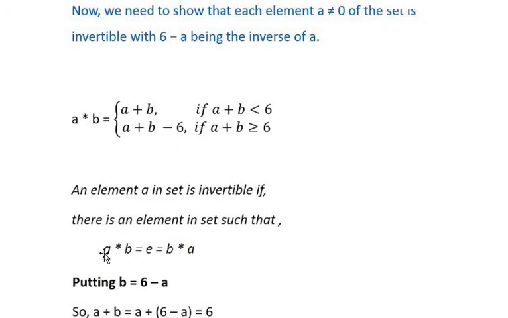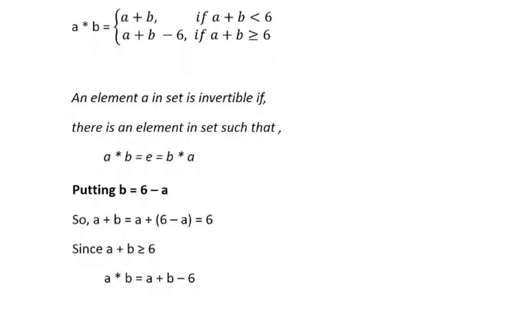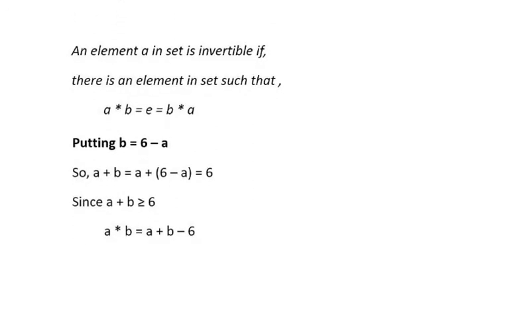So what we want is A star B equals 0 equals B star A. Okay, so putting B equals 6 minus A. Why? Because they have said to show that for each element A which is not equal to 0, that particular element 6 minus A will give the identity.